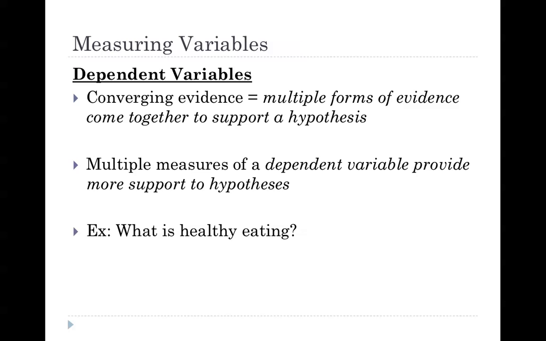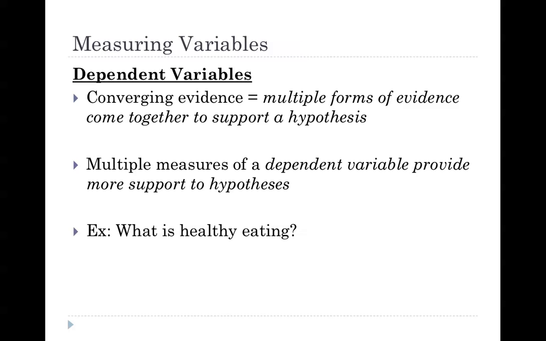Here, it's really overcoming a mono-method bias, which was a threat to construct validity in Chapter 5. So the multiple measurements of a dependent variable are really just providing more support to your hypotheses.